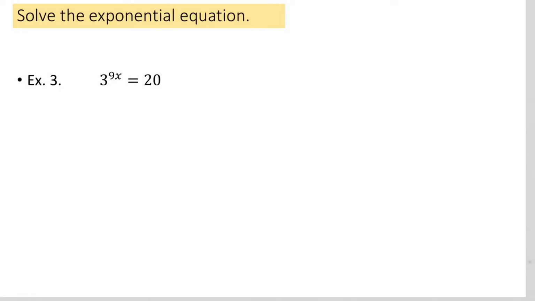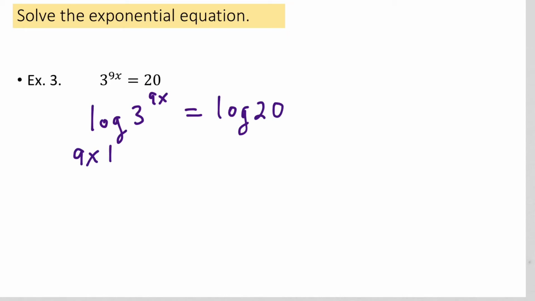Okay, once again, we're going to take the log of both sides. Log base 10 is what I'm using. So I'm going to say log of 3 to the 9x is equal to log of 20. Then I'm going to take my power and put it out front using the power rule for logs.